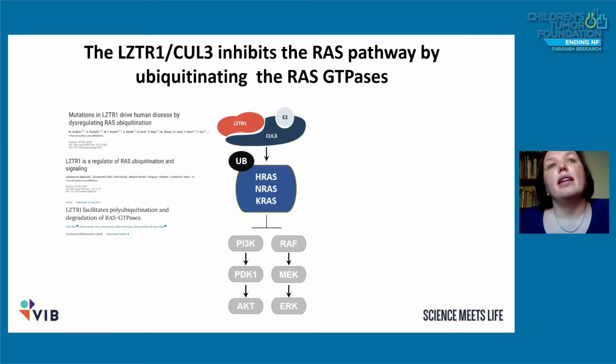On the other hand, we and others found that LZTR1 works as a component of the LZTR1 cullin-3 complex that can ubiquitinate and inhibit the activity of the RAS signaling pathway. So we decided to combine all this together and see how loss of LZTR1 function could contribute to schwannoma development.